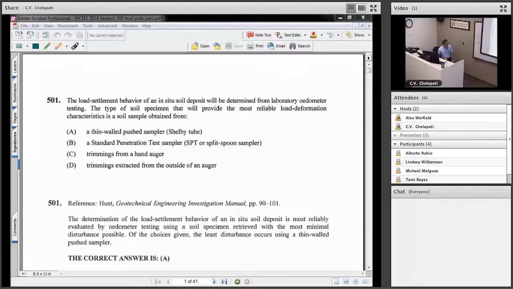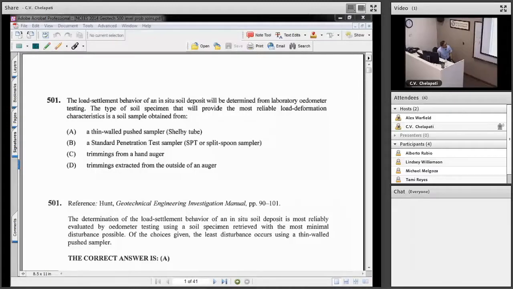This is talking about sampling. The load settlement behavior of an in situ deposit will be determined from laboratory odometer testing. It's the consolidation test. And the type of soil specimen that will provide the most reliable load deformation characteristic is a soil sample obtained from: four types of samples.